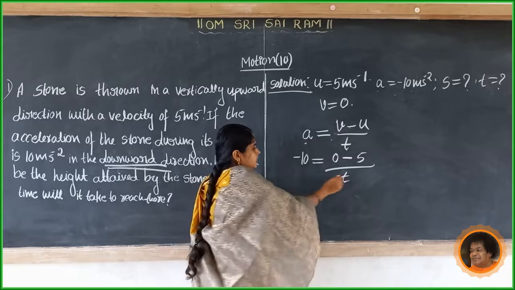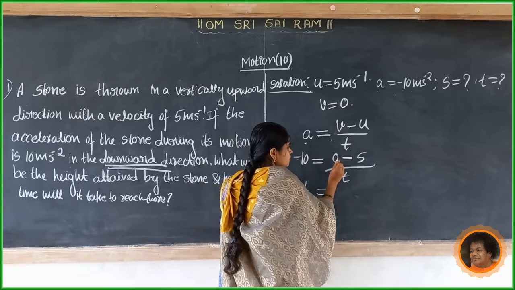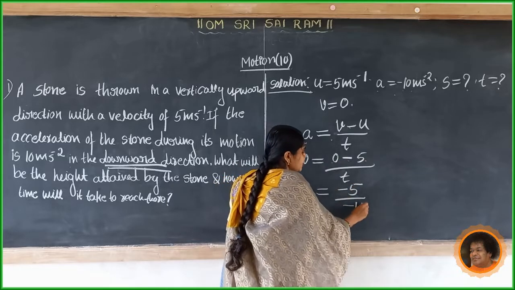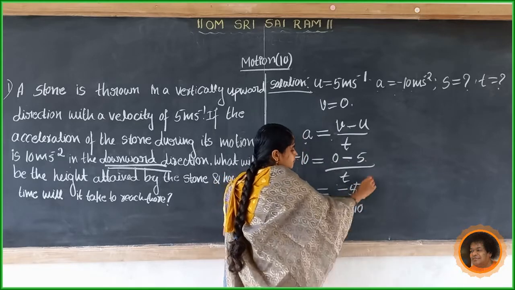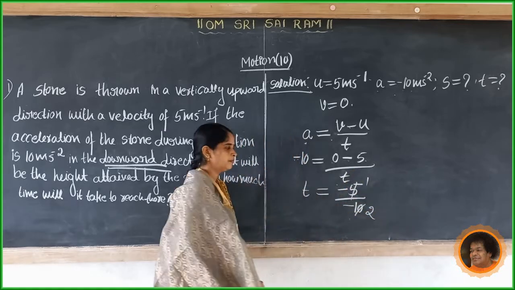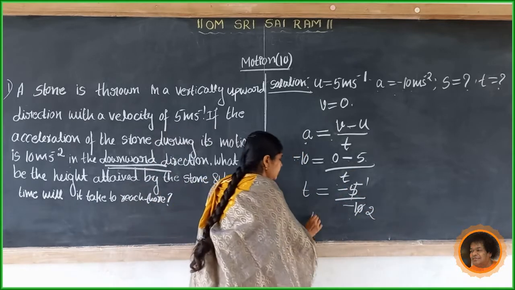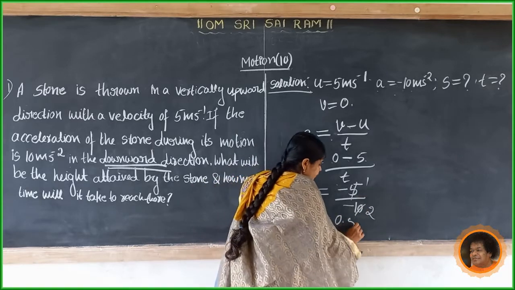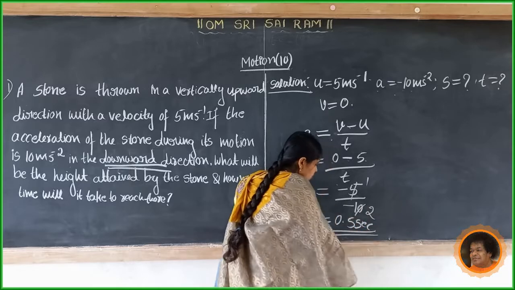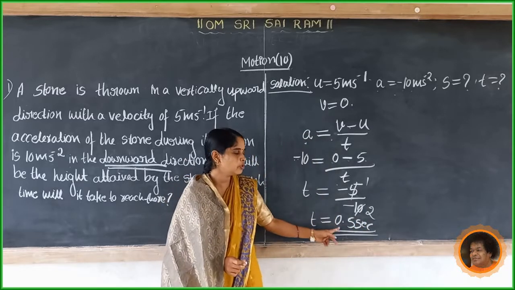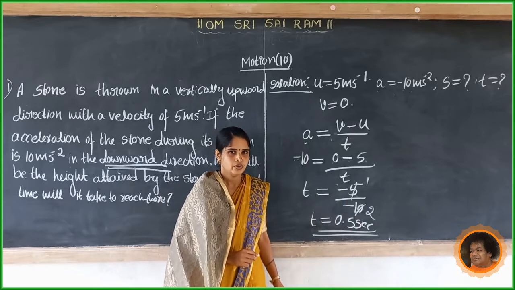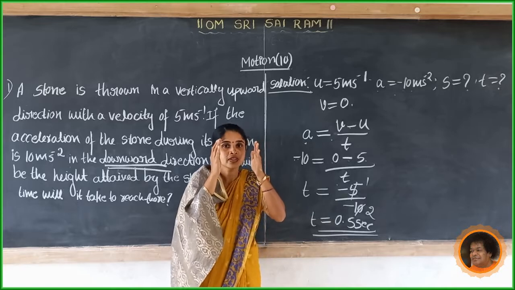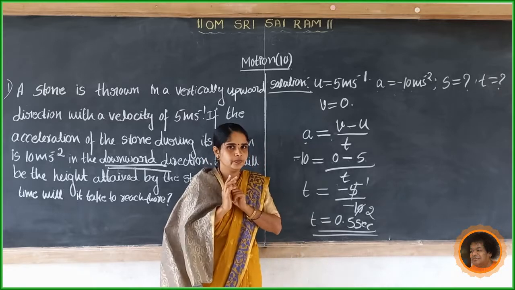Then t equals (0 minus 5) divided by minus 10. The minus signs cancel, 5 ones are 5, 5 twos are 10. Then t equals 1 by 2, 0.5 second. So t equals 0.5 second. After 0.5 second, the stone's velocity becomes 0.